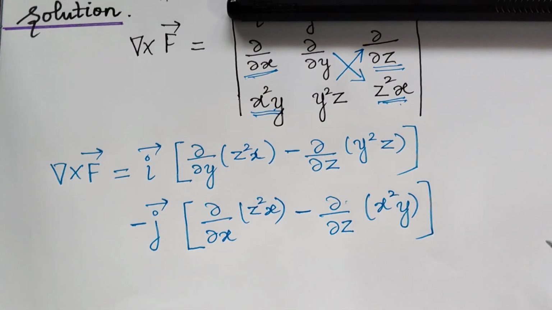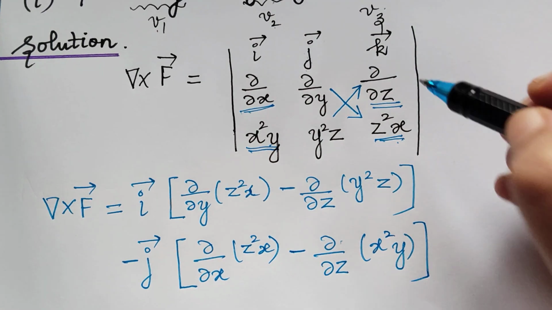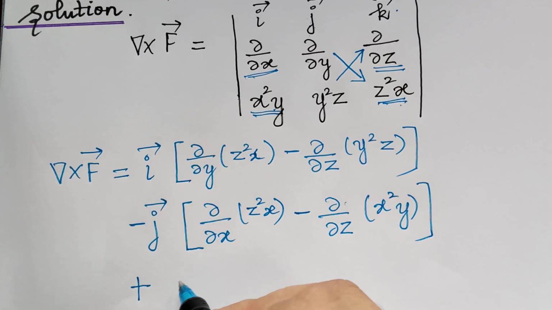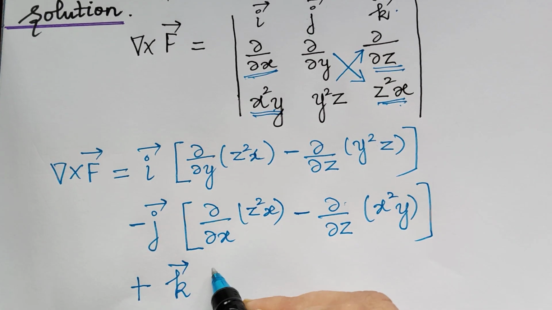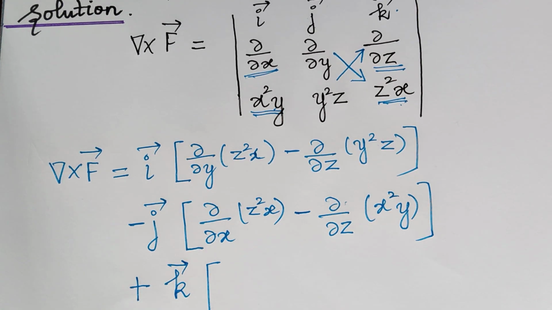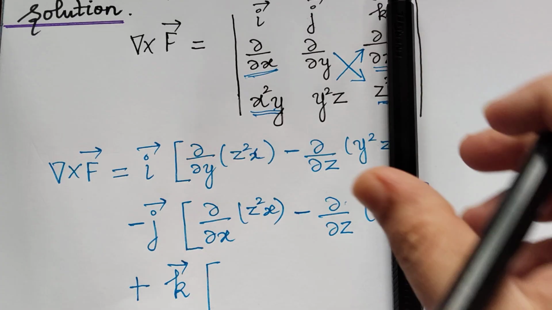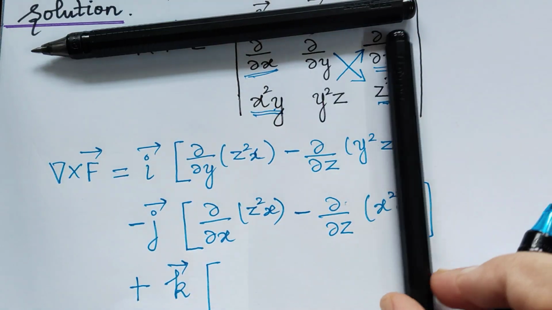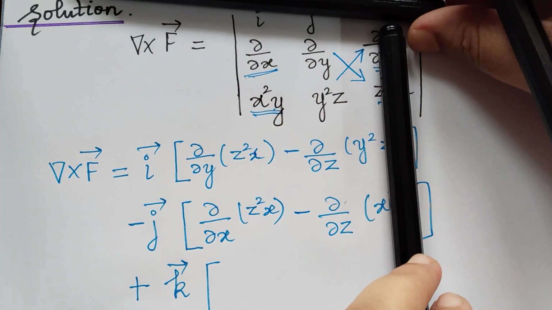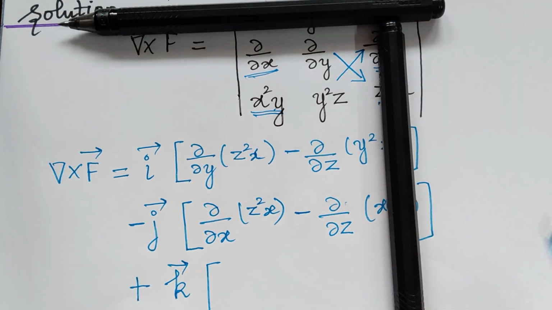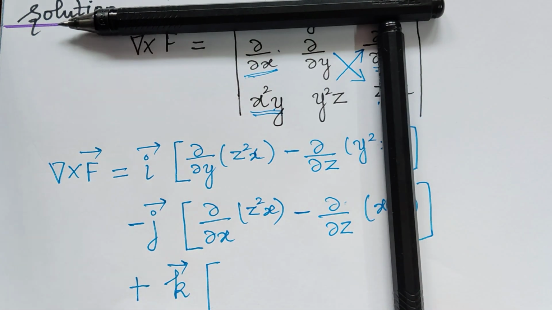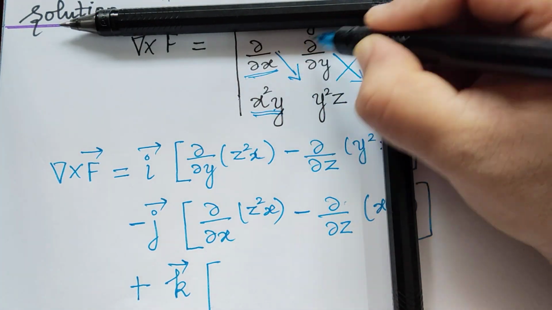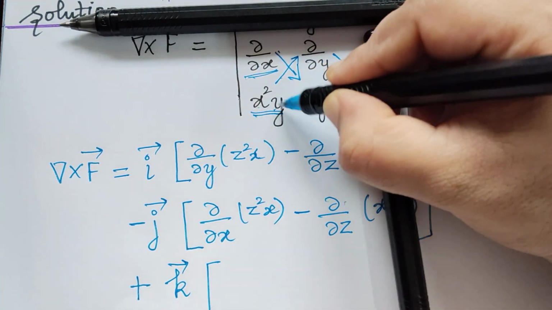After this we move on to the k component, so here we have plus k vector multiplied with the remaining part. Since we are choosing k vector, we block the corresponding row and column. What we are left with is ∂/∂x of y squared z minus ∂/∂y of x squared y.